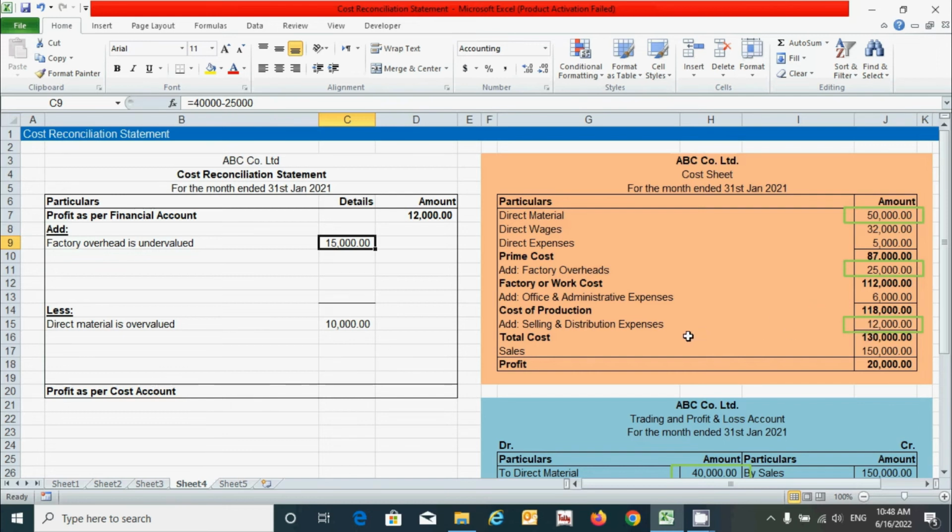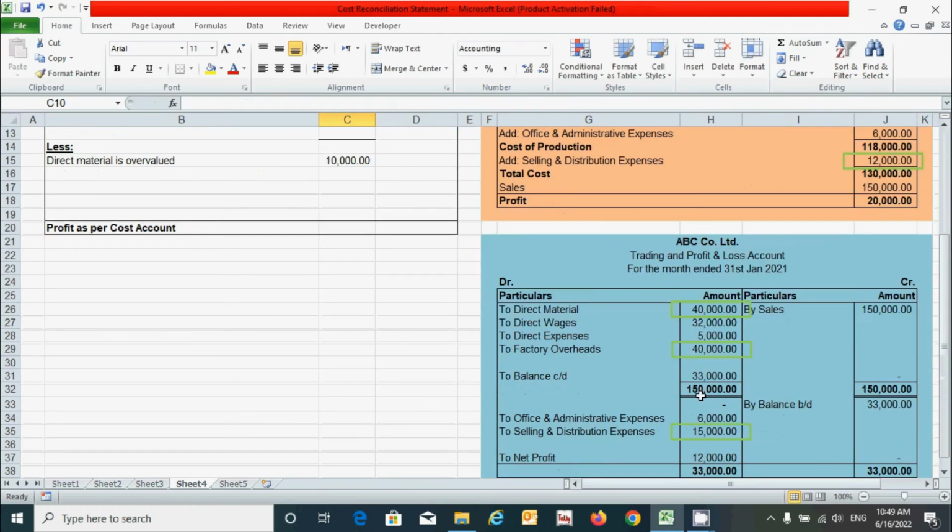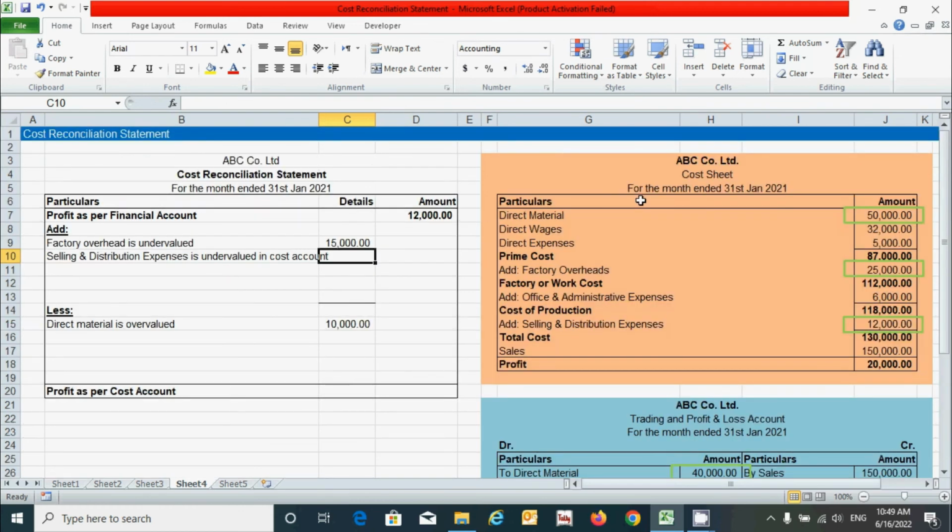So this is a kind of profit for this, so we have to put this transaction under the add section. So click here and type the statement selling and distribution expenses is undervalued in cost account. Now press the tab and put the value, how much, 15,000 minus 12,000, which comes to 3,000.